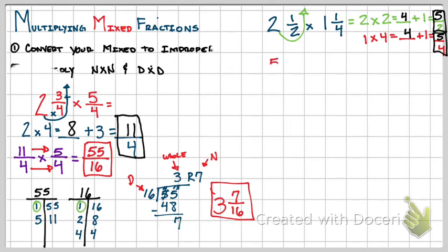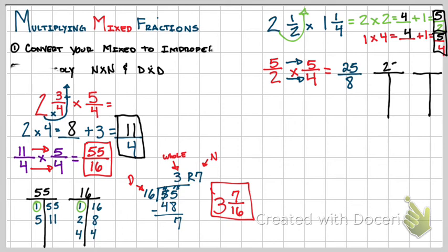So I'm going to use 5 over 2 times 5 over 4. Now I can multiply them straight through. So 5 times 5 gives me 25. 2 times 4 gives me 8.